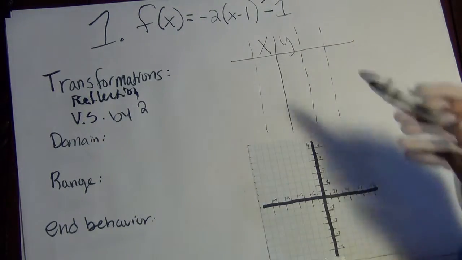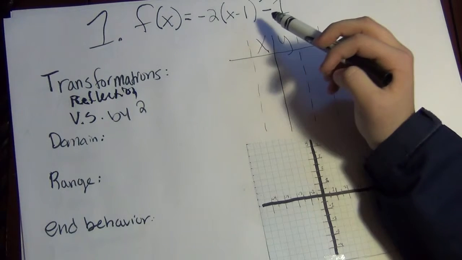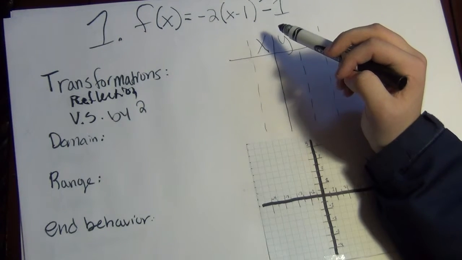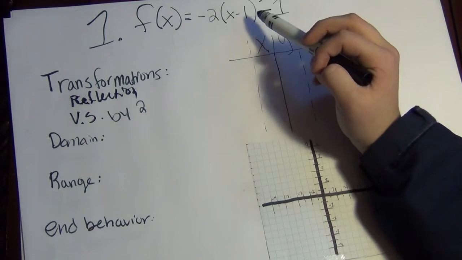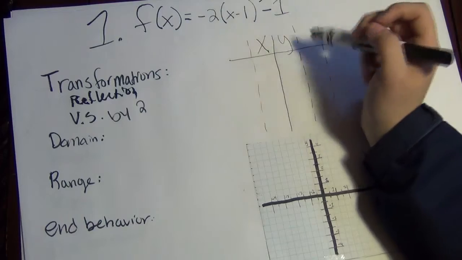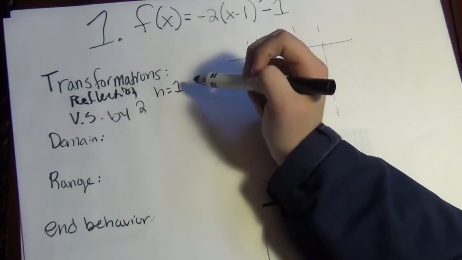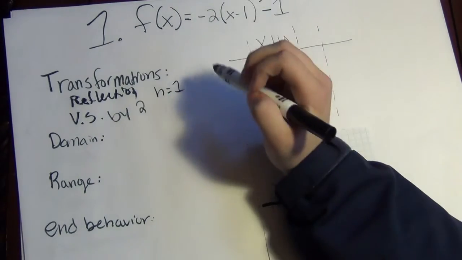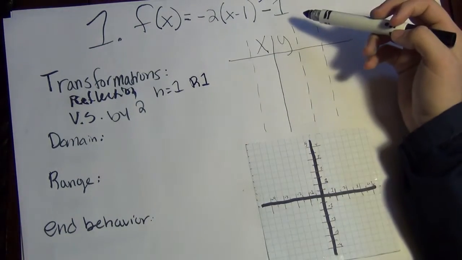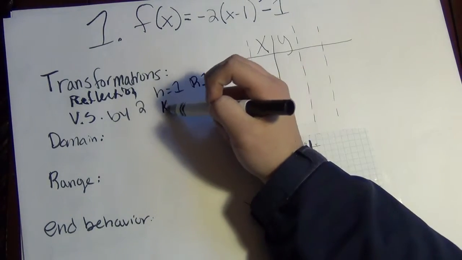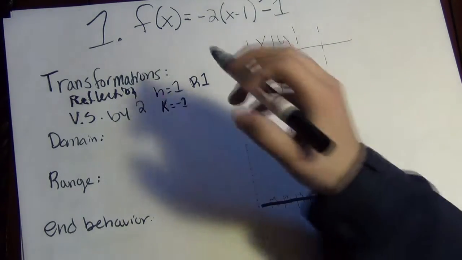And then there's a 1 in the h, which you know because the transformation formula says x minus h, so you have to flip that one around. So h is equal to 1, which means it's translated right 1. And then k is equal to negative 1, so it's translated down 1.